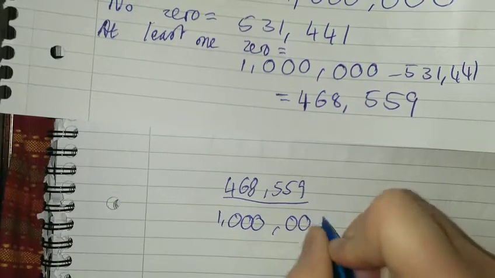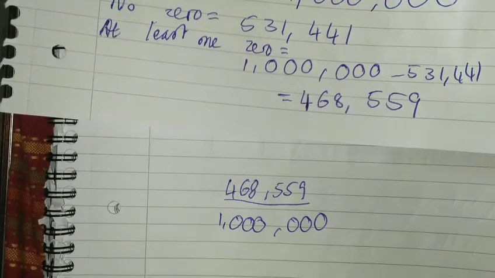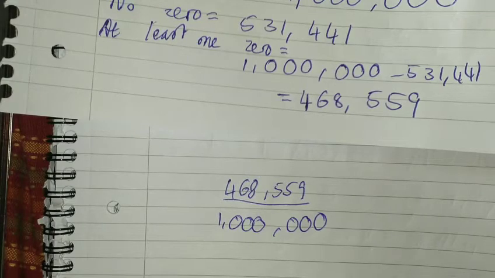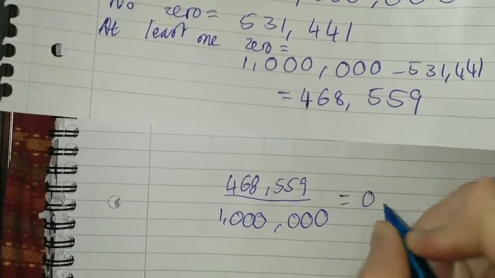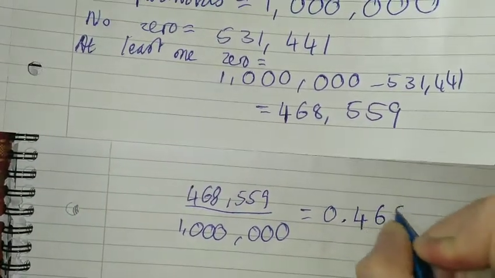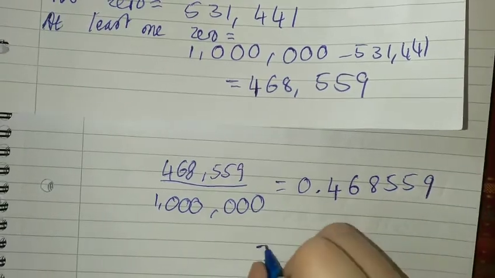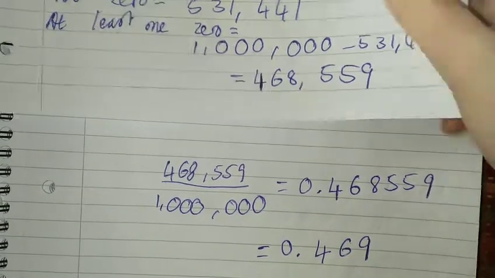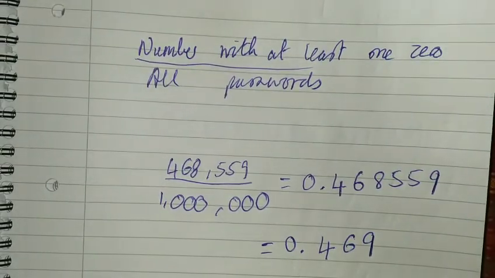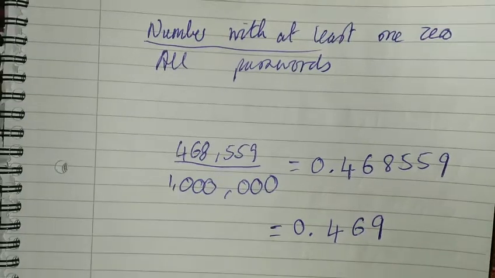So this goes underneath, and we just work this out on our calculator. So that gives us 0.468559. So I might round that to 0.469. So that's the probability that a password contains at least 1 0.